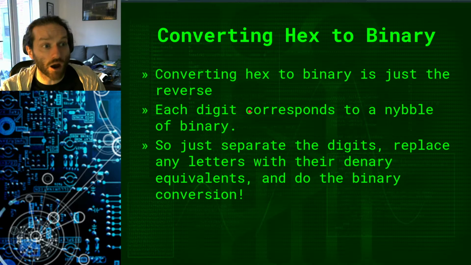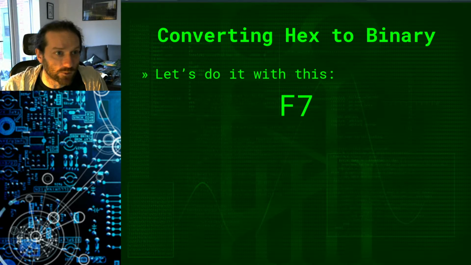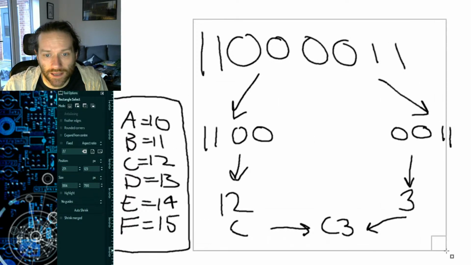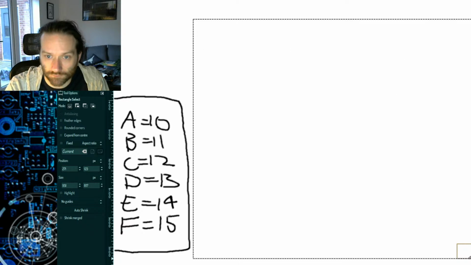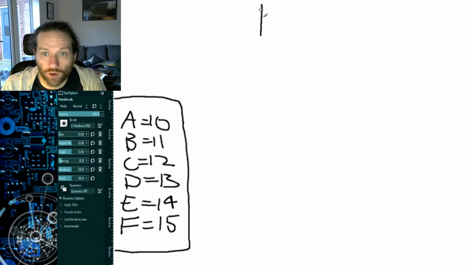So the process is exactly the same. Let's do it with this one, F7. I will just clear some of this here. I'm going to keep my little hexadecimal table there. Right, so we're doing F7.